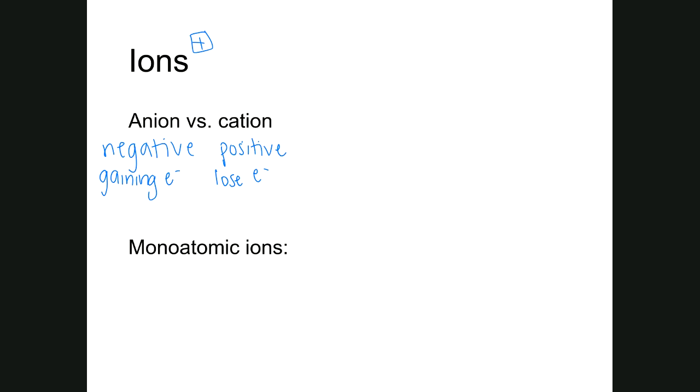Let's talk really quick about how to find the number of electrons in an atom. So let's say that we are looking at the element C13.